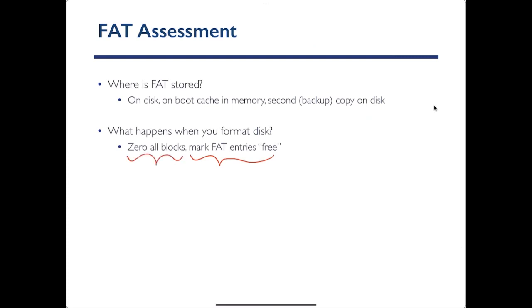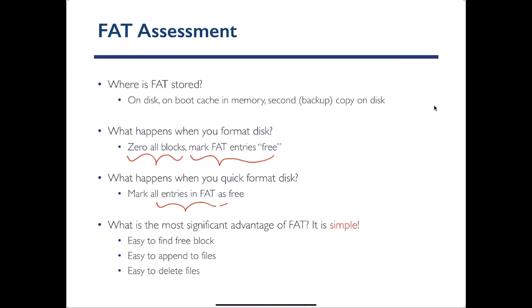You could also go and write 0 to all your storage blocks. If it is a quick format, then you can just mark your FAT entries as 0 without changing your storage blocks. As long as every entry in your FAT table is free, then you're fine.